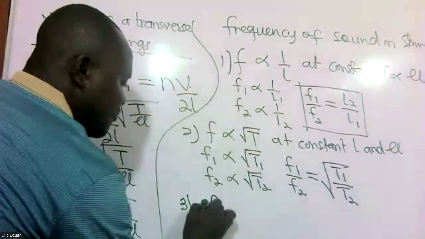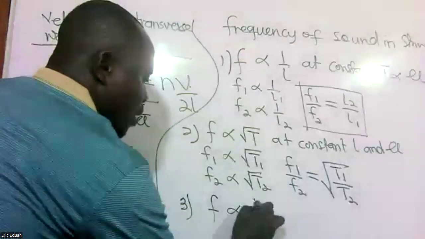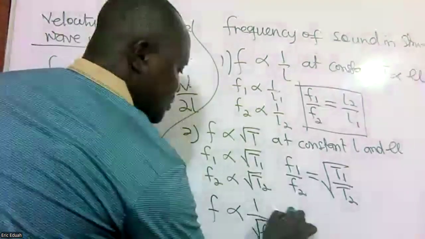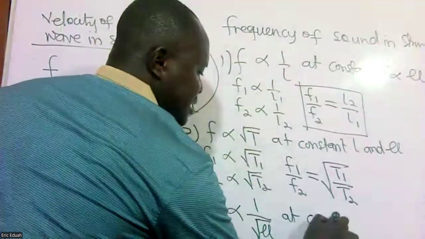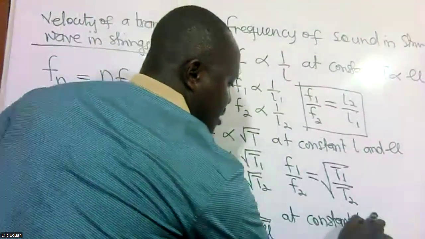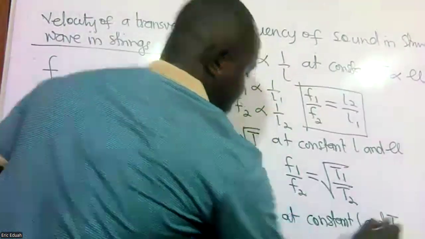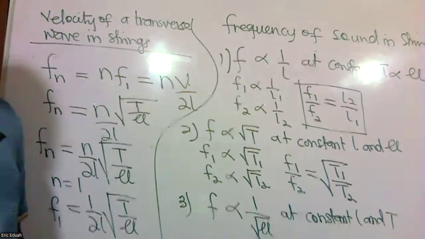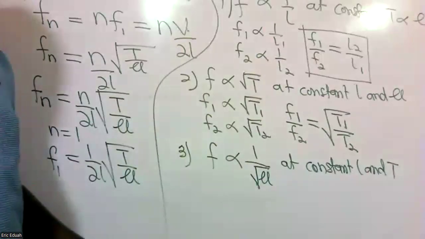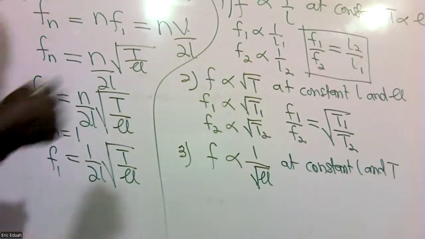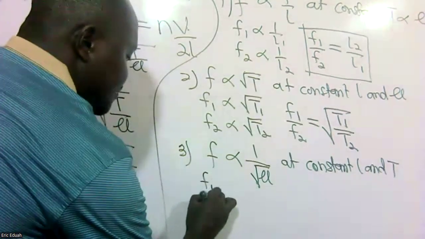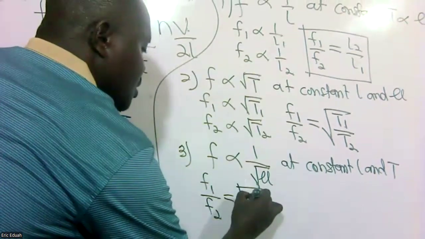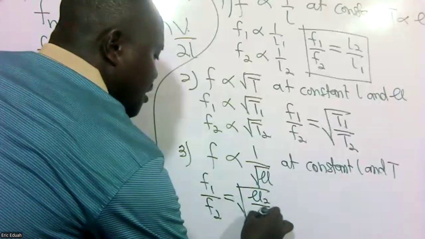From here, F is inversely proportional to square root of mu, at constant L and T. The equation we can also derive here is that F1 over F2 must be equal to square root of mu2 over mu1.